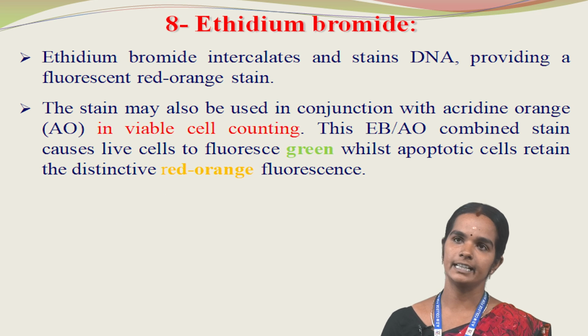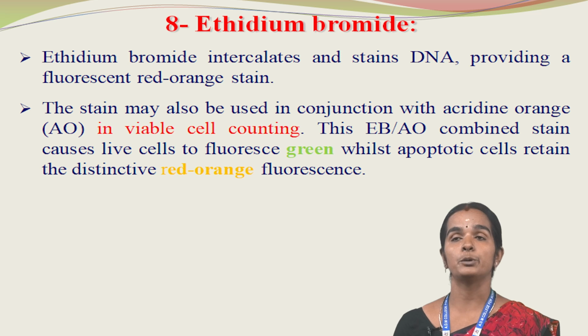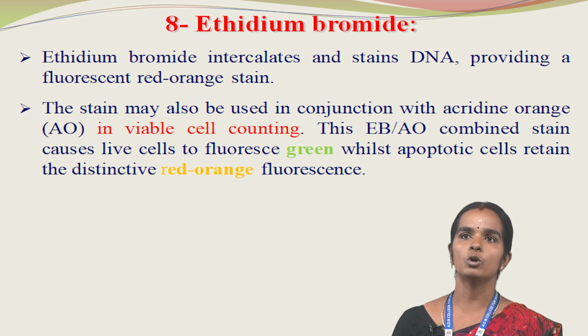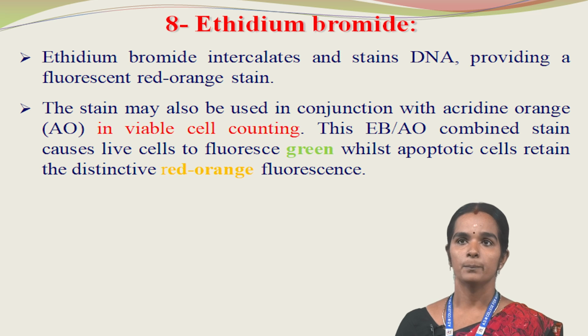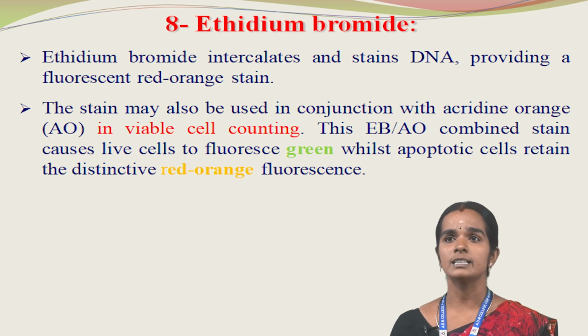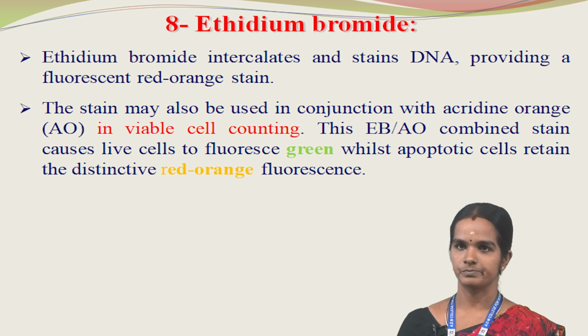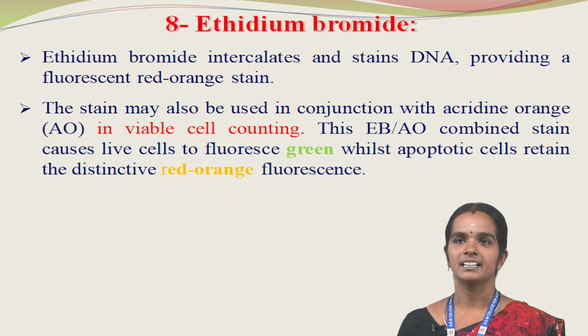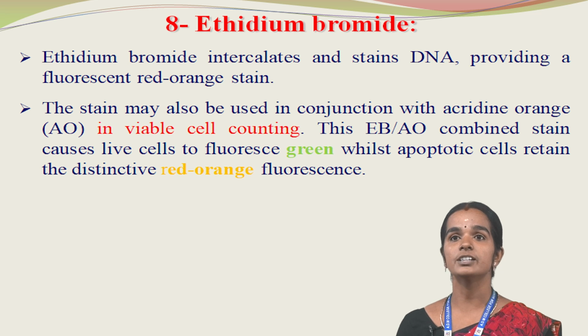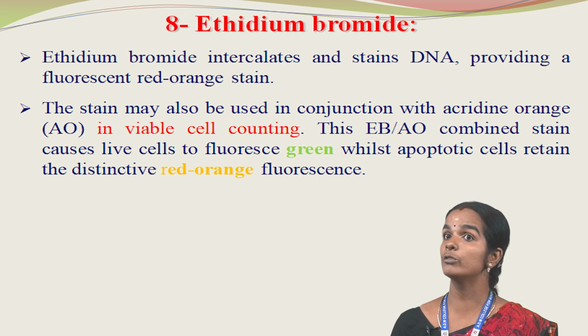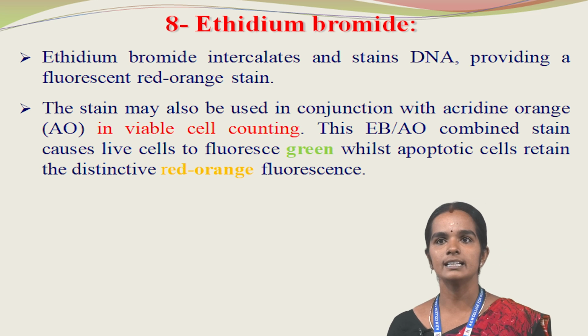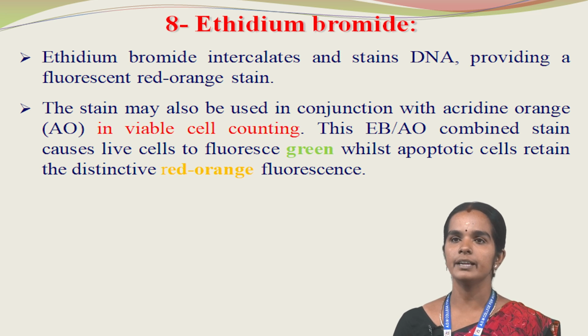This is the eighth type of stain, ethidium bromide. Ethidium bromide intercalates and stains DNA, providing a fluorescent red-orange stain. This stain may also be used in conjunction with acridine orange, also called AO stain, for viable cell counting, EB and AO.